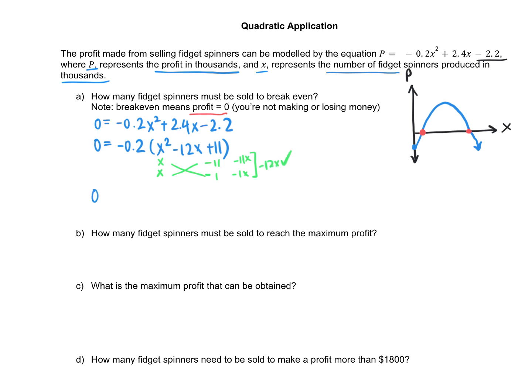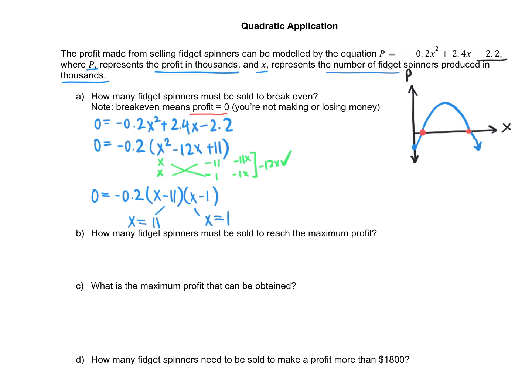So that leaves us with 0 equals the GCF, that's not disappearing, x minus 11, x minus 1. And then when I branch out to solve, I will be left with x equals positive 11 when that negative 11 moves over, and x equals positive 1.